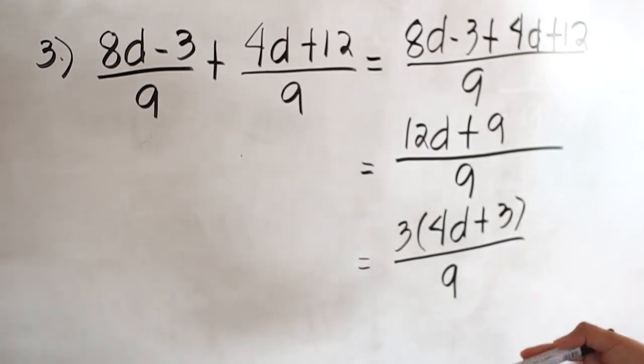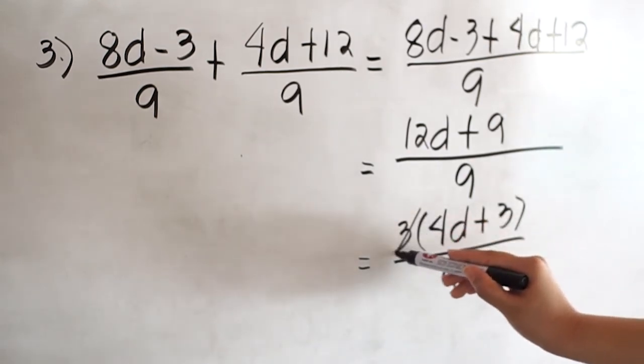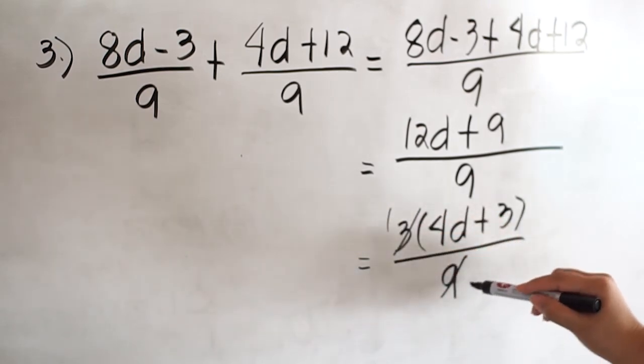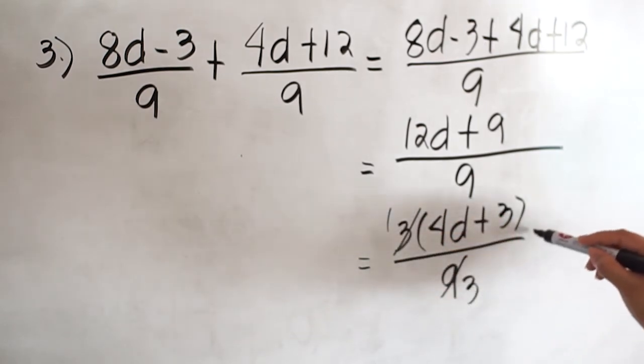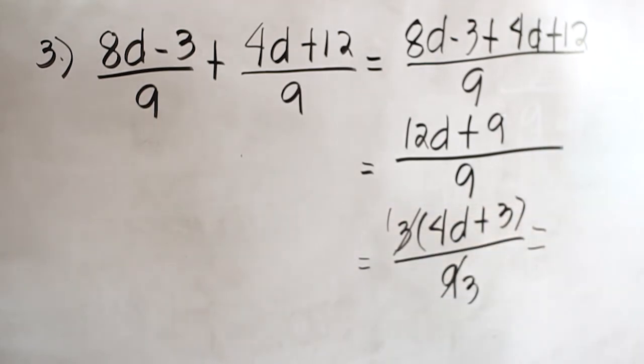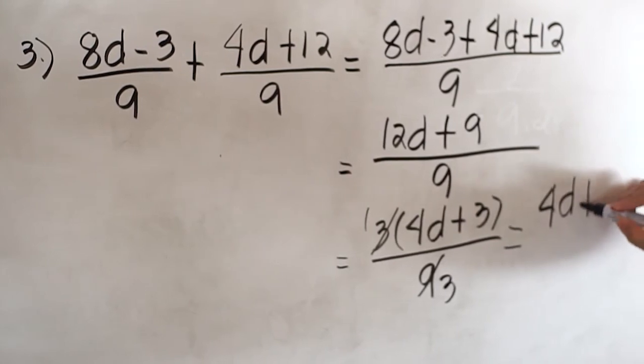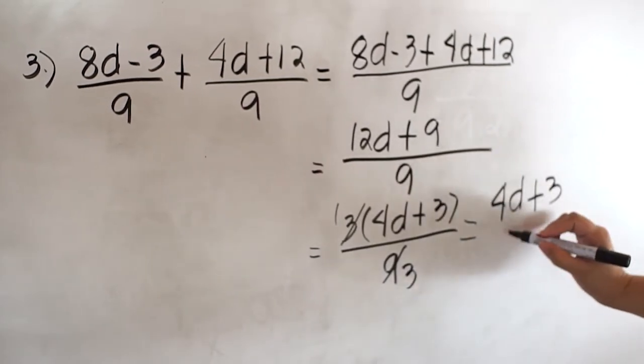And then we will use the cancellation method. So 3 can be divided into 9. So 3 becomes 1 and 9 becomes 3. So your answer is 4D plus 3 over 3.